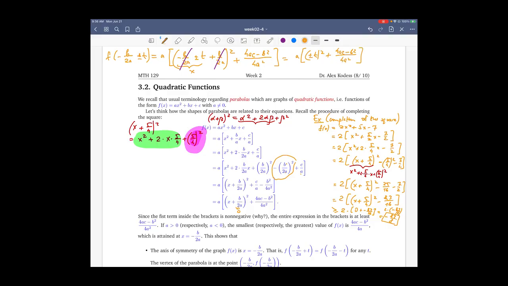And here we see that indeed the value of f at this point, whether it's plus t or minus t, stays the same. Because when you raise plus minus t to the second power, you simply get t squared.